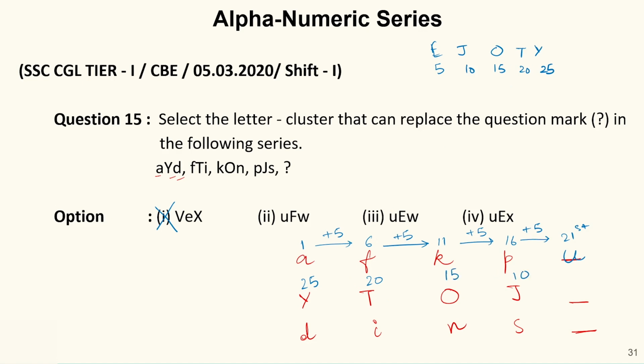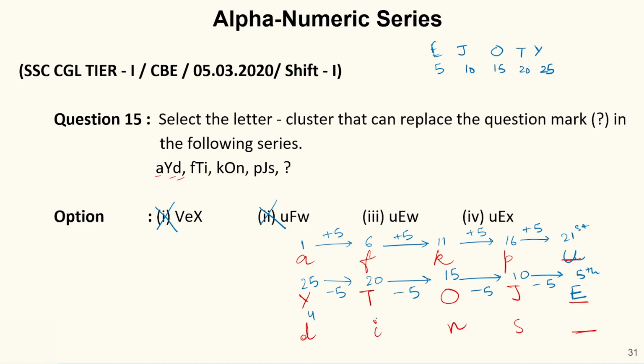J is 10. So again, we are going minus 5 positions, minus 5 positions, minus 5 positions. So we'll go minus 5 positions. That will give us the 5th position, and that is E. So again, I can eliminate option number 2. Now the answer is between the third option and the fourth option. So let us check this one.